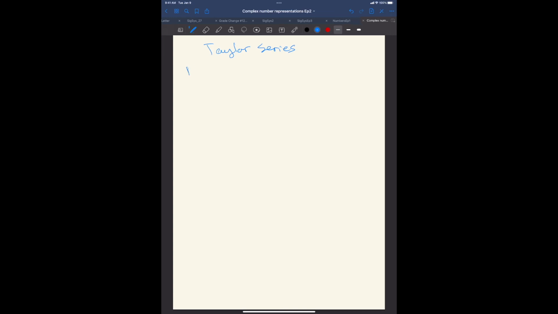Let's start with Euler, which says e to the j theta is equal to cosine theta plus j sine theta. And let's write the Taylor series for e to the j theta. So e to the x expanded in Taylor is 1 plus x plus x squared.